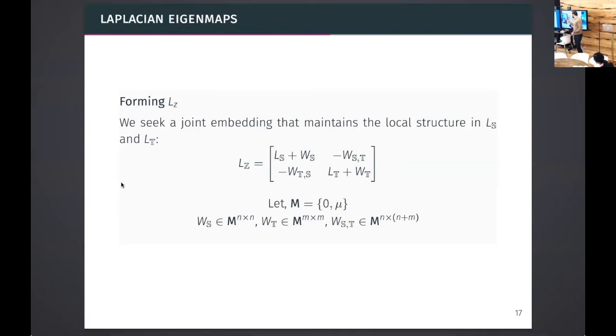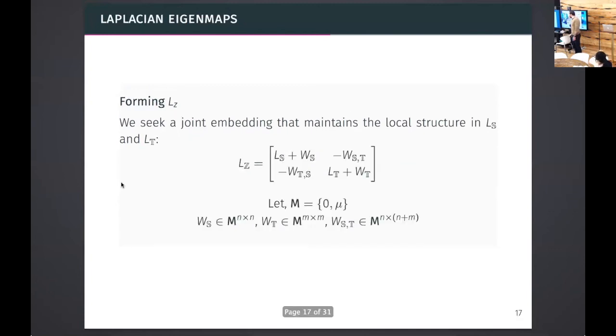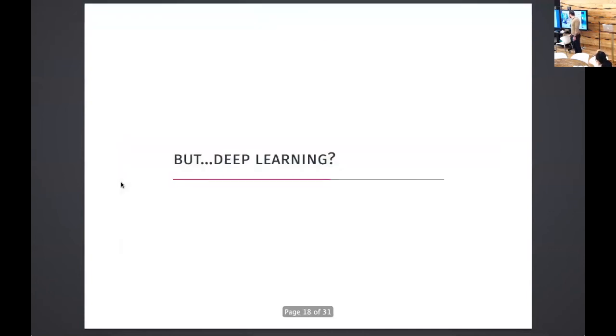It'll take a little too long to go over all the details here, but if we form this pseudo-Laplacian and take the eigendecomposition of it, we love just doing eigendecompositions. They're great, they're simple. We have a solution to our optimization problem. So that's one way of doing this.